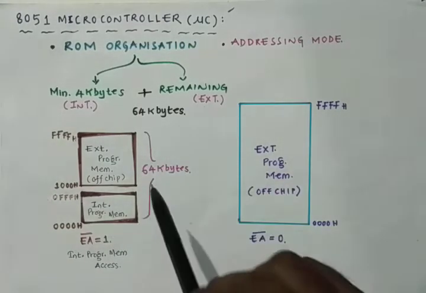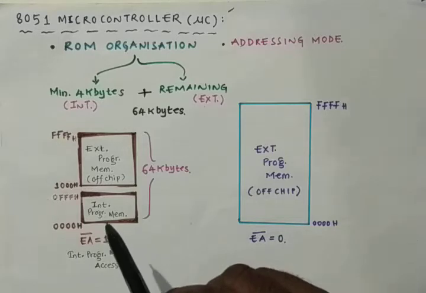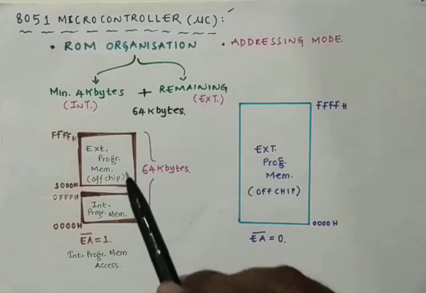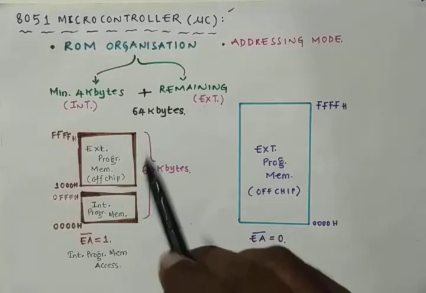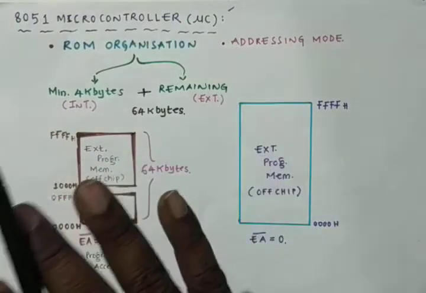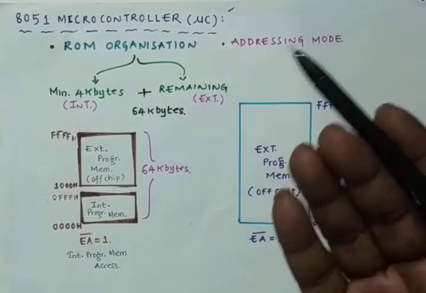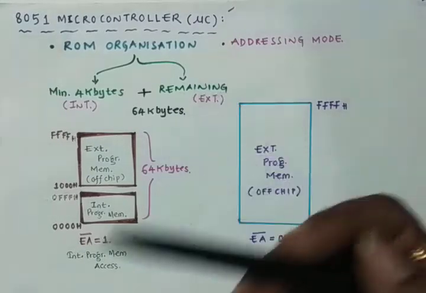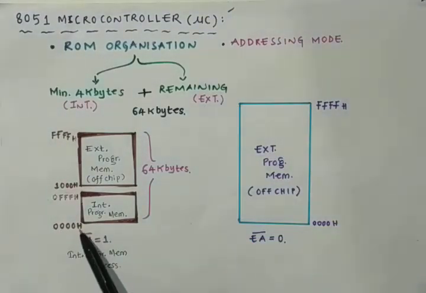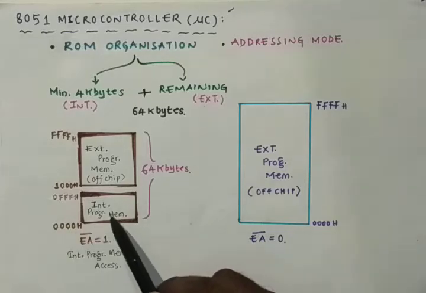Here the very important point is that when the 8051 is programmed to have the reset pin as 1, it is going to terminate all the operations, so that it is going to read the instructions from the starting address. That starting address is nothing but the starting address of the internal memory.